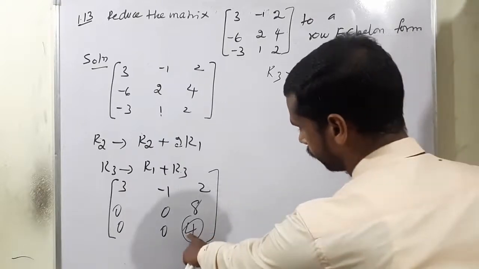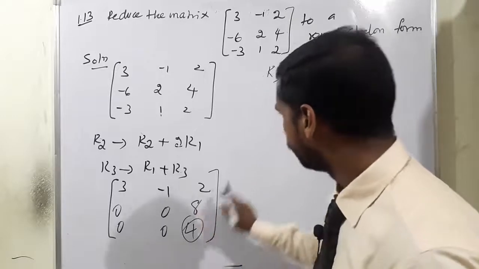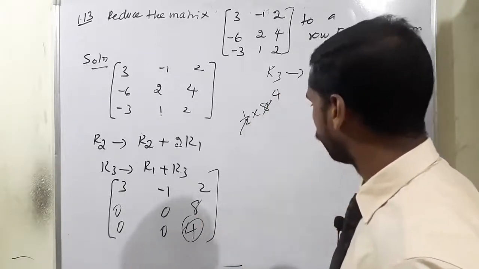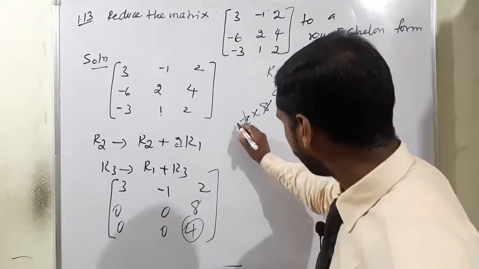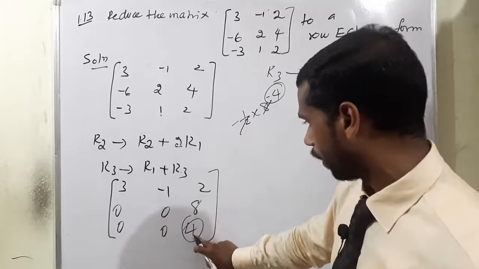There already 4 is there, and half into 8, the 2 and 8 cancel, so 4 will come. Therefore minus of half into 8 means minus 4. Therefore 4 minus 4, the value will be 0.